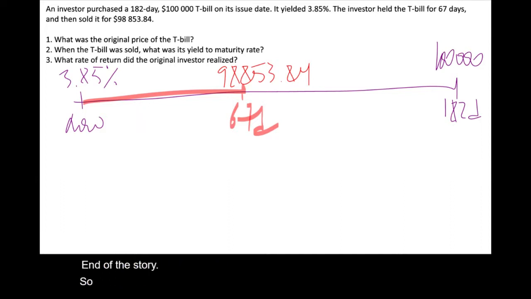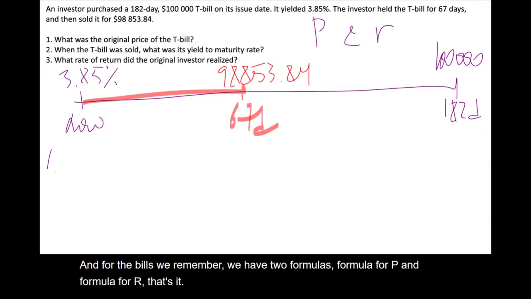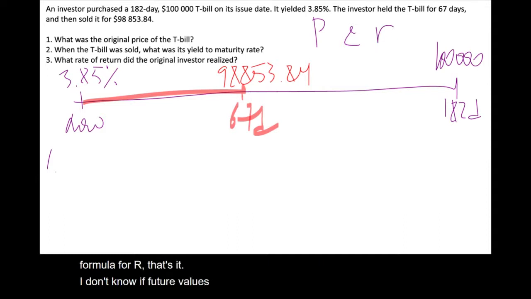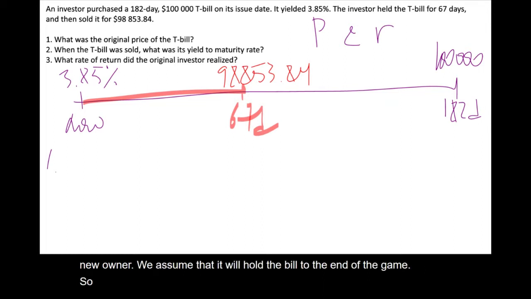So let's do one by one. And for T-bills, we remember we have two formulas, formula for P and formula for R. That's it. No future values, nothing. Another assumption we make, every new owner, we assume that it will hold the T-bill to the end of the game. So it means future value for every new owner is $100,000 in this case.